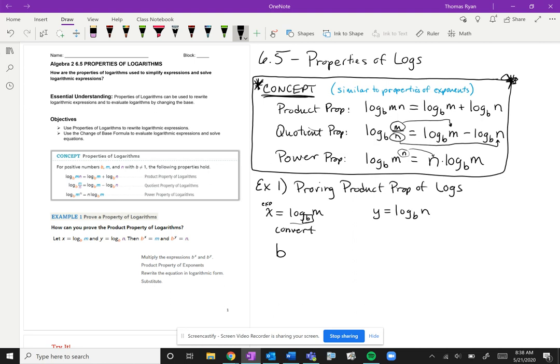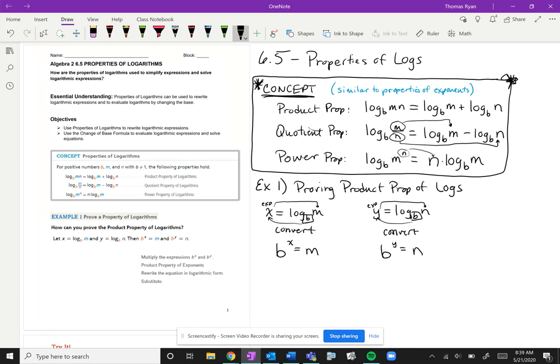So b to what power gives us our result? So b to the x equals m. And the same idea here. The base stays the base. We're going to convert. b to what power, because the log is an exponent, gets us to our result. So b to the y equals n.